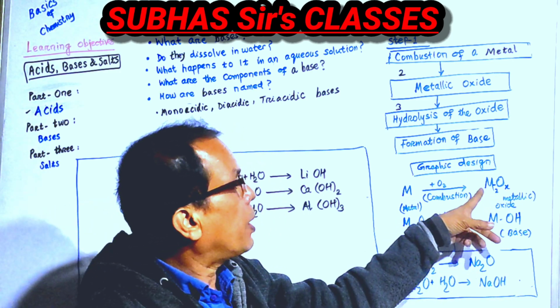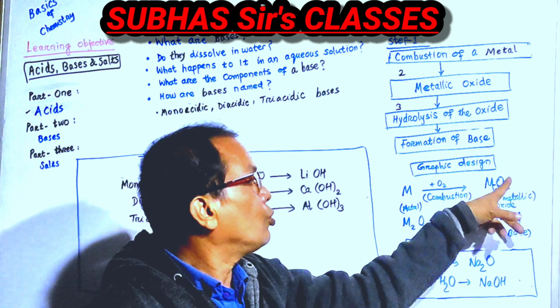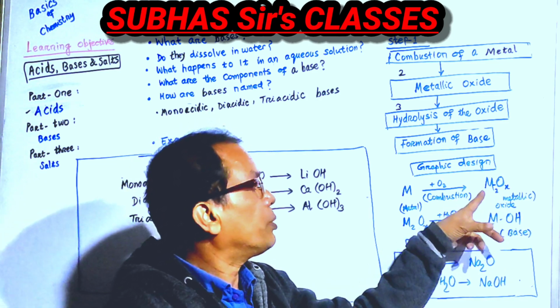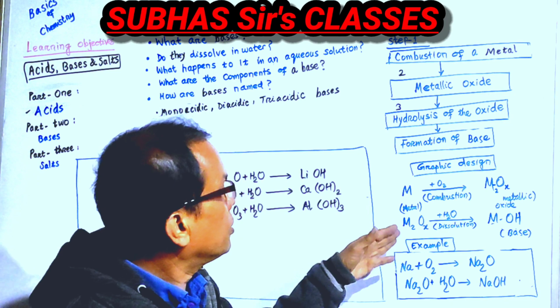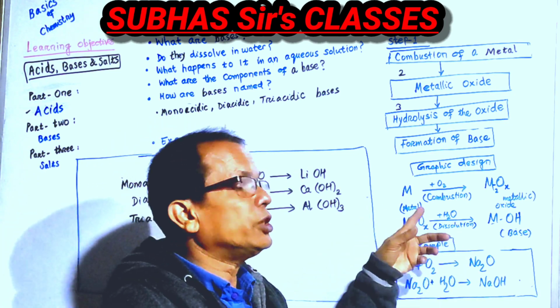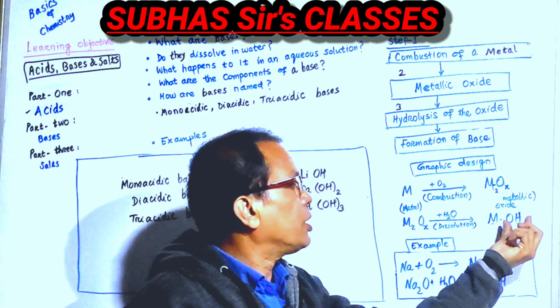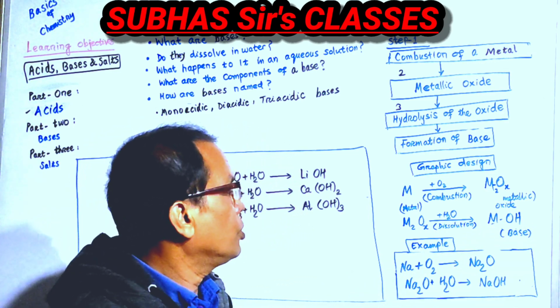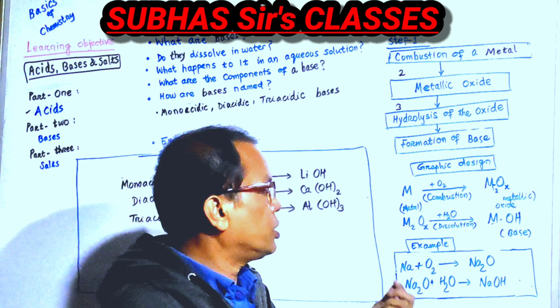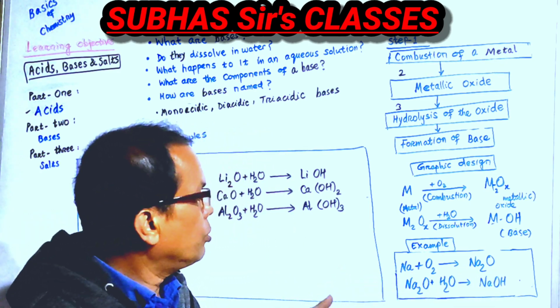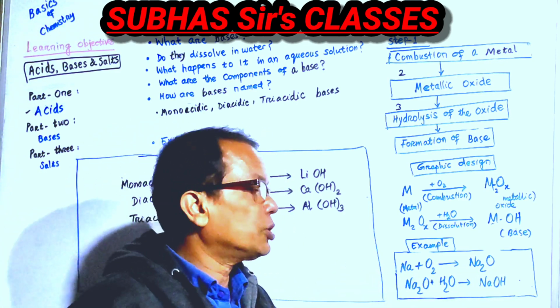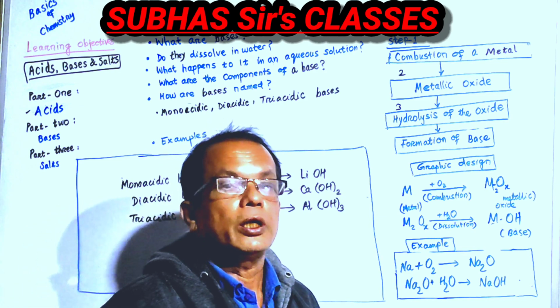And its graphic design: metal under combustion in presence of oxygen forms a metallic oxide. We don't know the valency of metal M, but we know the valency of oxygen is 2. So we have written M2Ox. And that metallic oxide, when it is dissolved in water, gives us a base which contains OH minus ion or hydroxyl ion. So for example, sodium burns in oxygen to form sodium oxide. When sodium oxide is added to water, it gives us sodium hydroxide, which is a base.